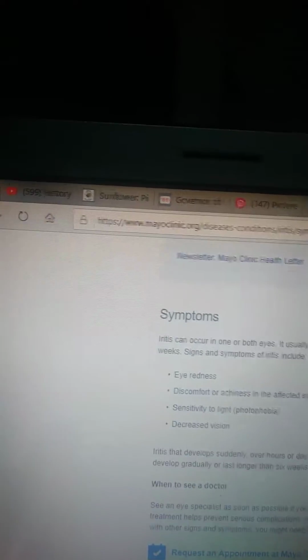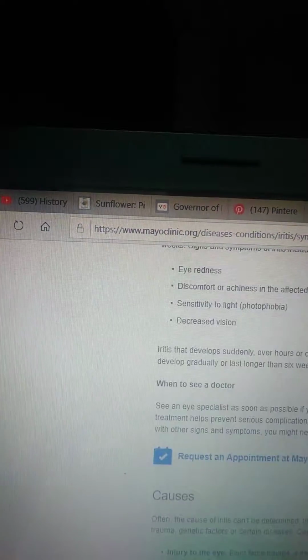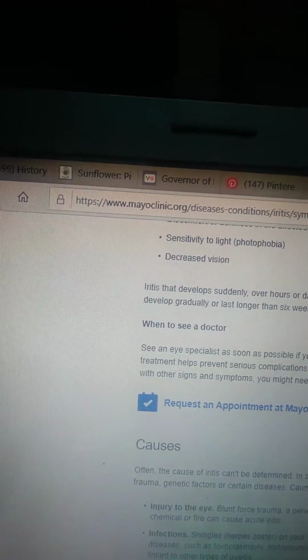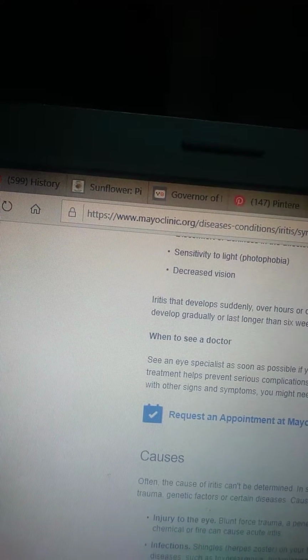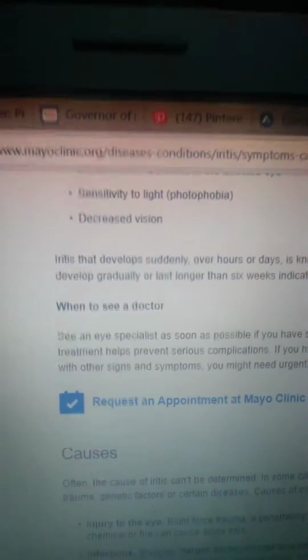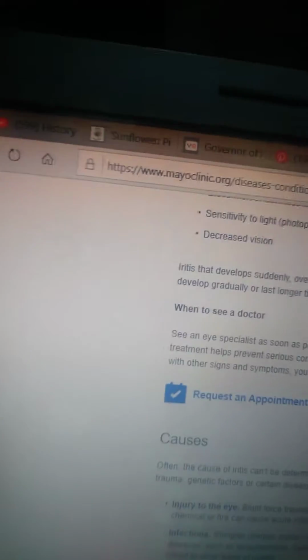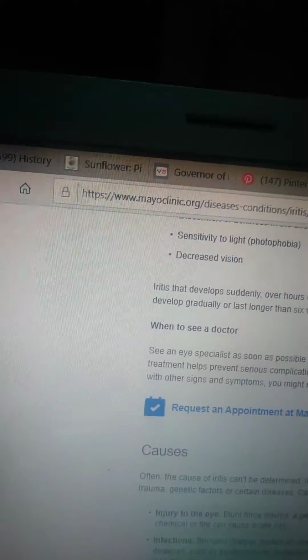Sorry about that. Iritis that develops suddenly over hours or days is known as acute iritis. Symptoms that develop gradually or last longer than 6 weeks indicate chronic iritis. When you see a doctor, you see that.